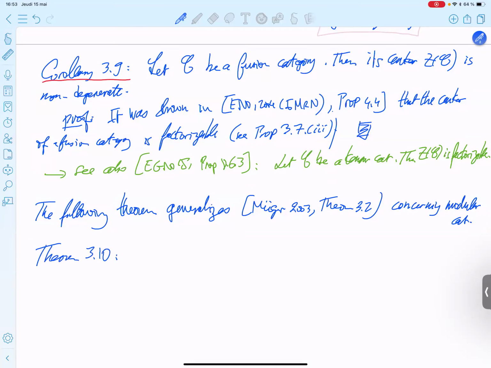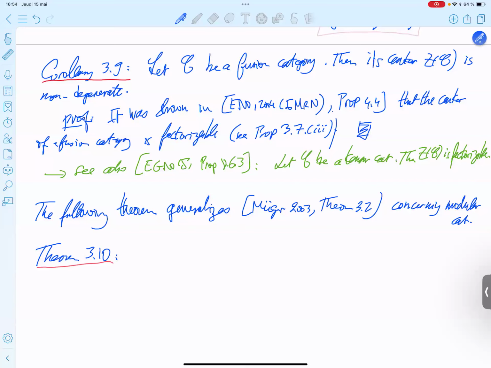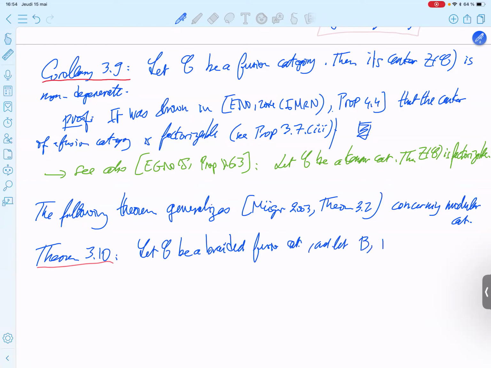Theorem 3.10. Let C be a braided fusion category, and let B and D be fusion subcategories.